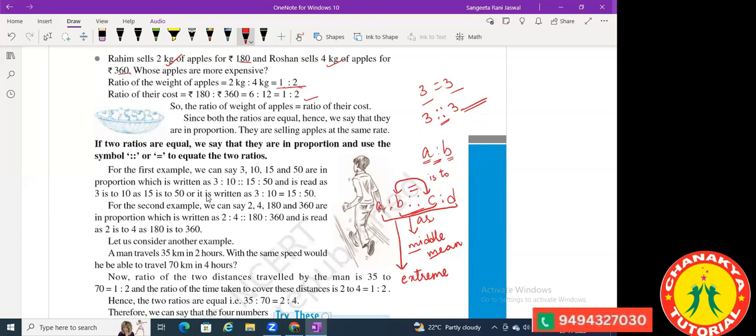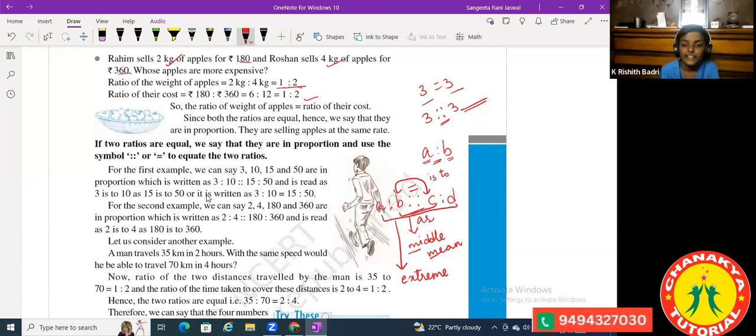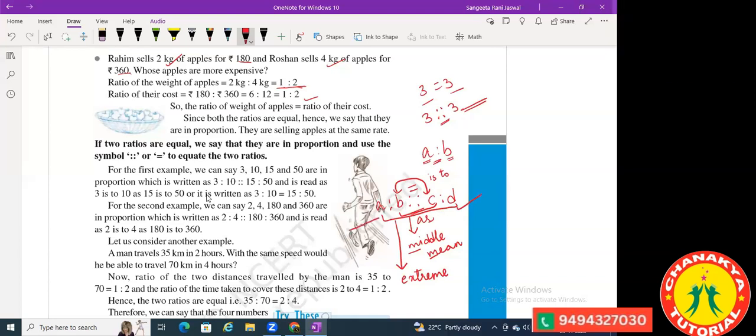Okay, so A and D are the extreme terms, because these two terms are on the extreme ends. Yes, ma'am, exterior. So we call them extreme terms, and the middle terms are called mean terms.